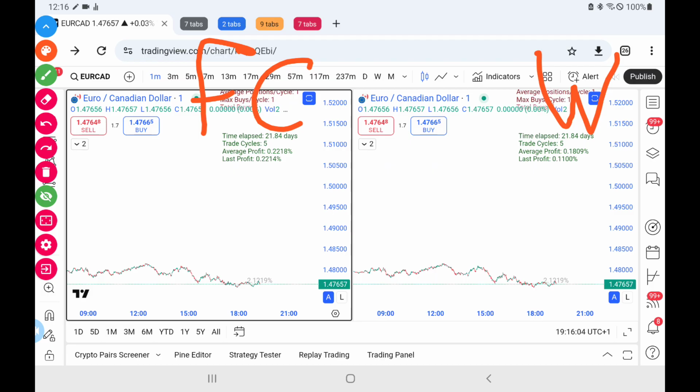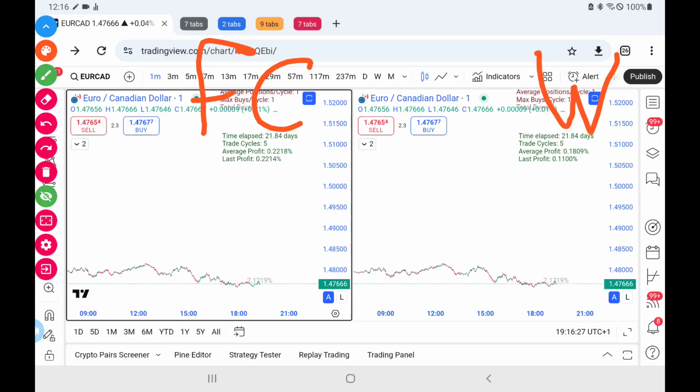Now, is that something that is common? It could be for this pair, but it certainly is something to take into account when you're deciding which way is better for your risks. The average is 18 pips for the wick versus 22 pips for the full candle.